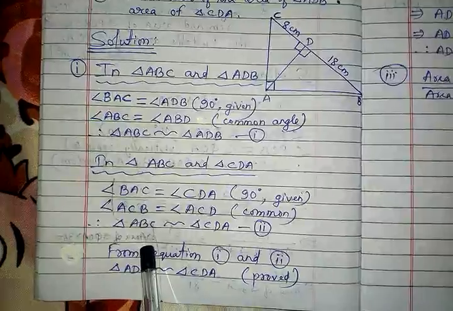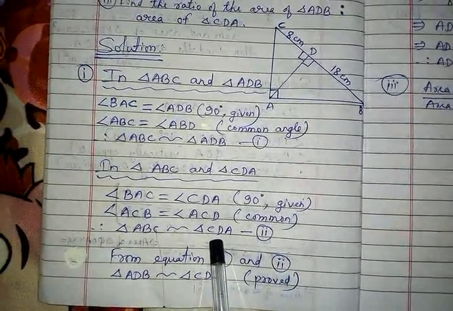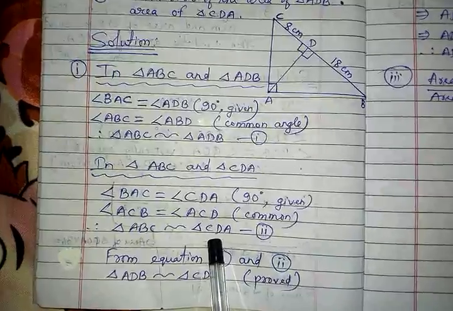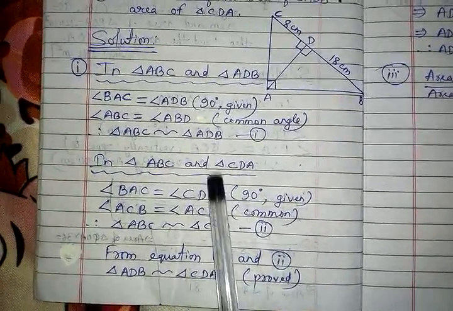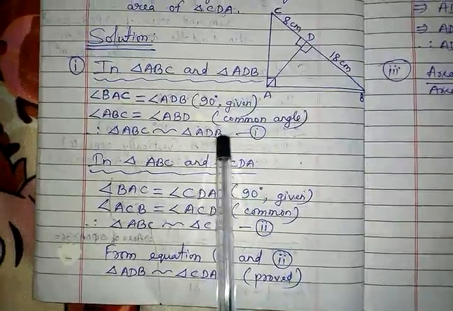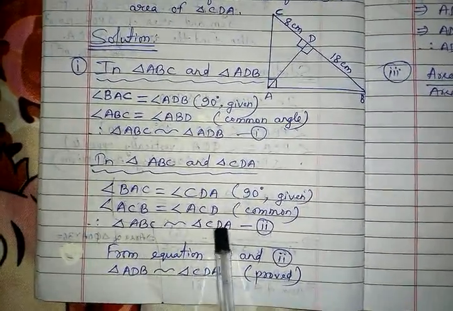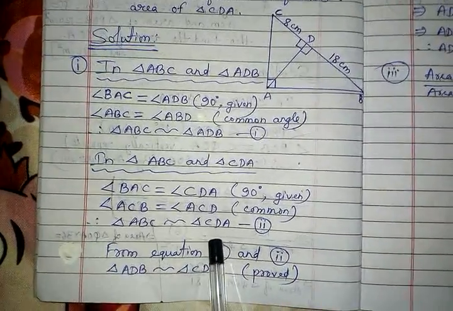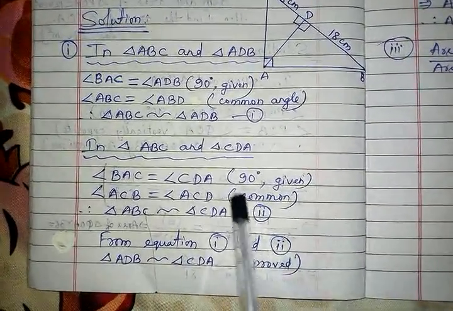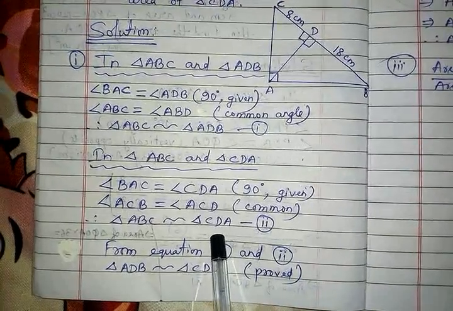That means we can say these two triangles also are similar to each other. These two are not directly similar, but if this can be similar to this, and if this also can be similar to this, that means both also are similar. So from equation 1 and 2 we can say triangle ADB is similar to triangle CDA.